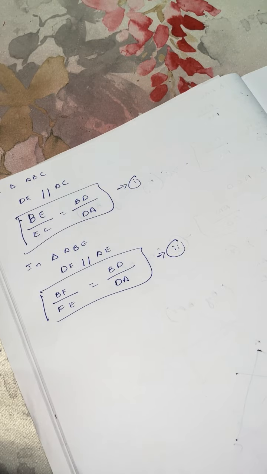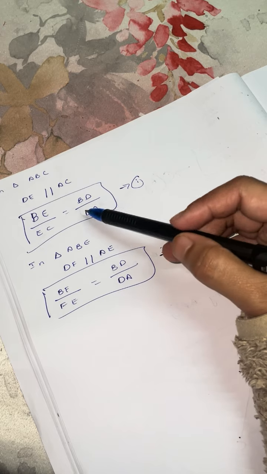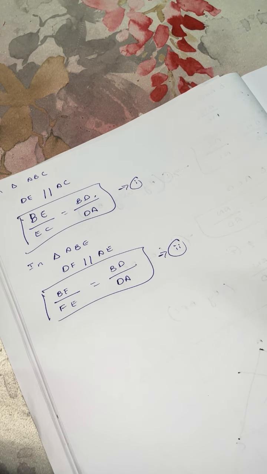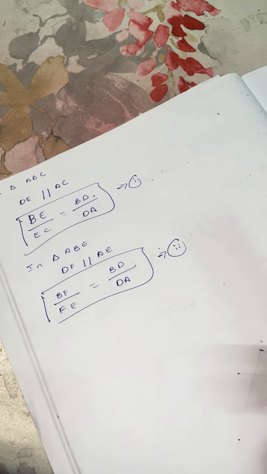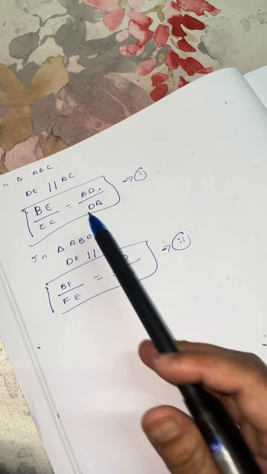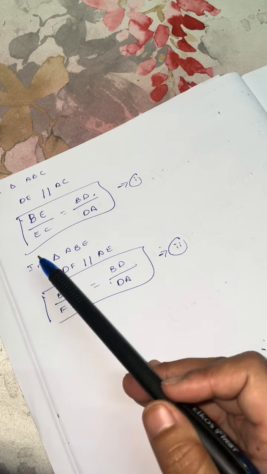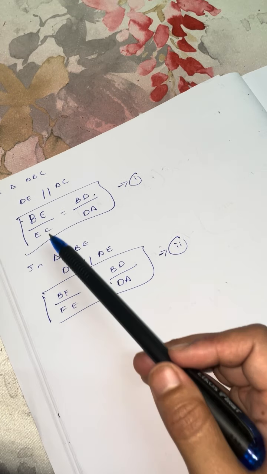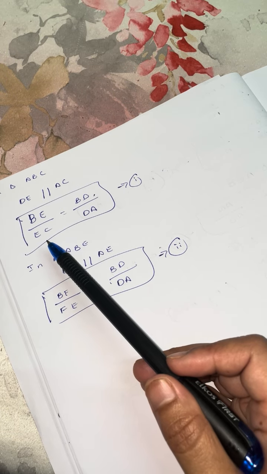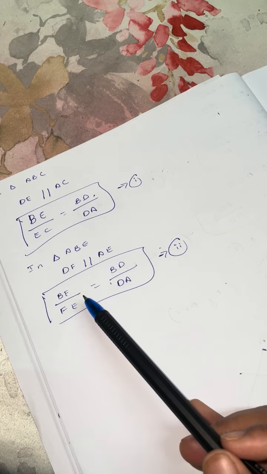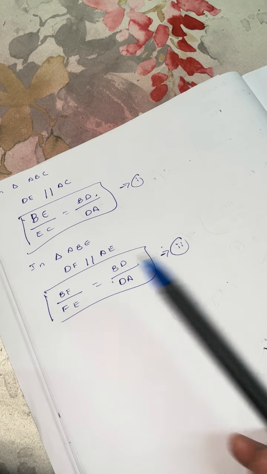Equation 2 and this are the same thing, they are equal. If they are equal and the same, hence BE up to EC is proportional to BF over FE.